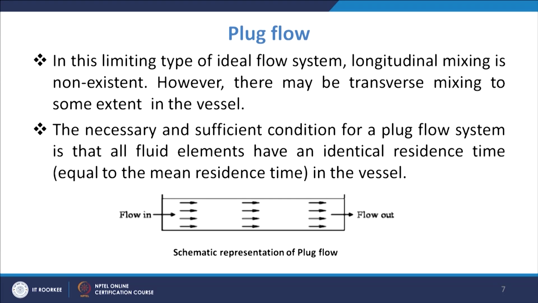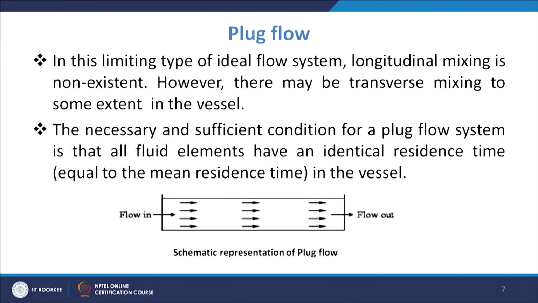So, the necessary and sufficient condition for the plug flow system is that all fluid elements have identical residence time in the vessel. All the fluid elements will exit the vessel at a time which will be the same as the mean residence time inside the vessel.